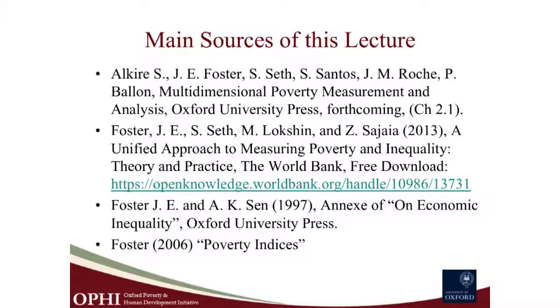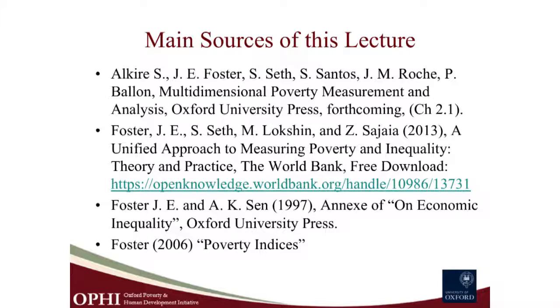Chapter 2.1 has a very brief review of unidimensional measurement. And there is a book that I wrote with James Foster and two World Bank colleagues, titled A Unified Approach to Measuring Poverty and Inequality: Theory and Practice. It can be downloaded freely from the World Bank website.